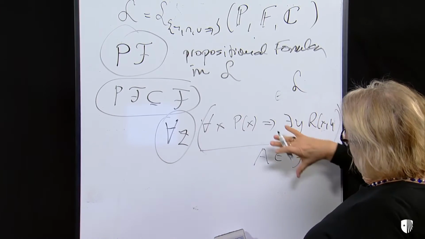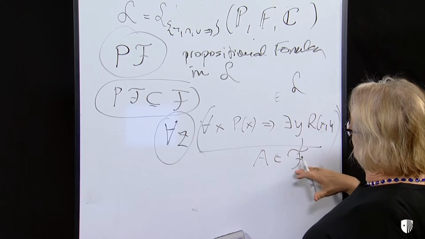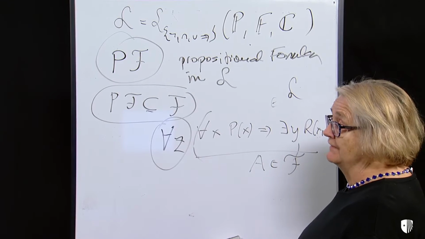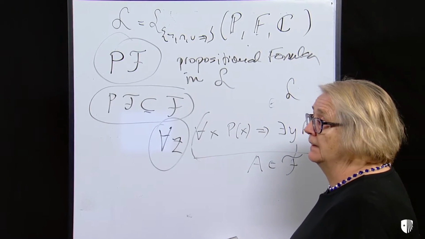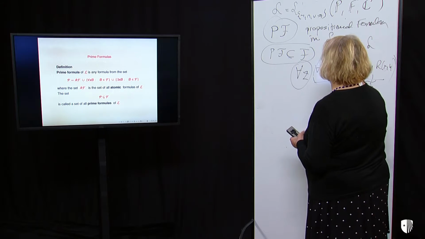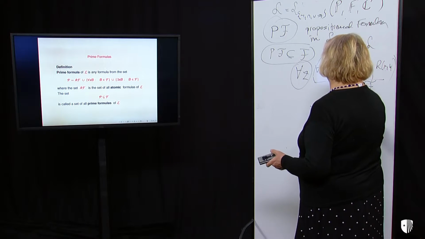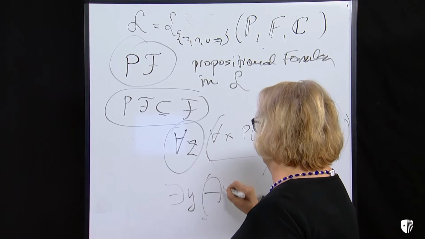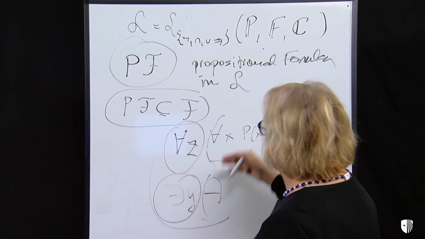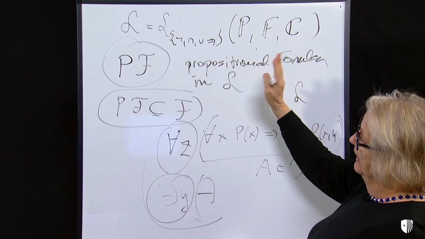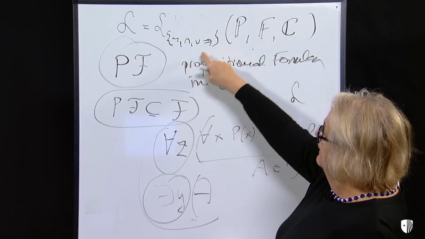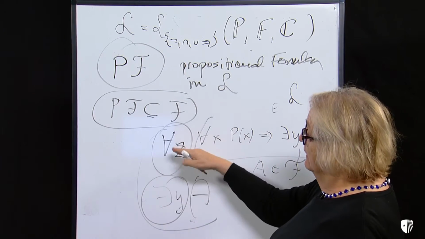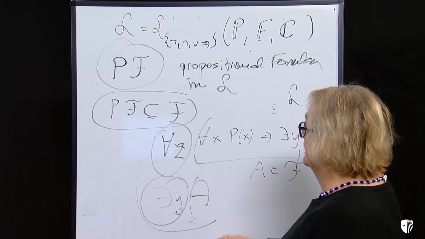So it means you accept normal formulas from our language if you put a universal quantifier in front, or an existential quantifier, there is y, and here you have A. So you must have a normal formula and put the quantifier, universal or existential, in front.